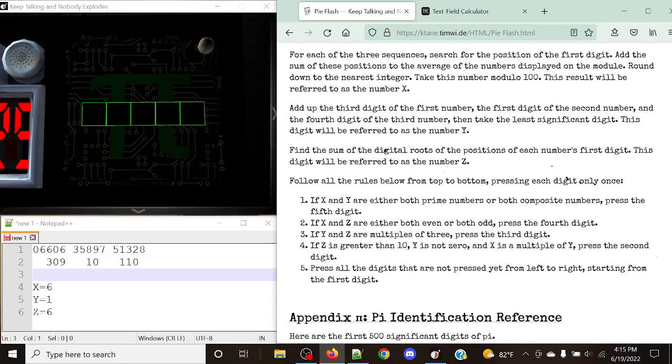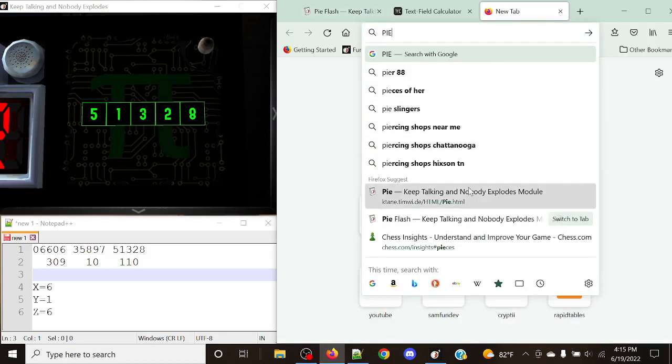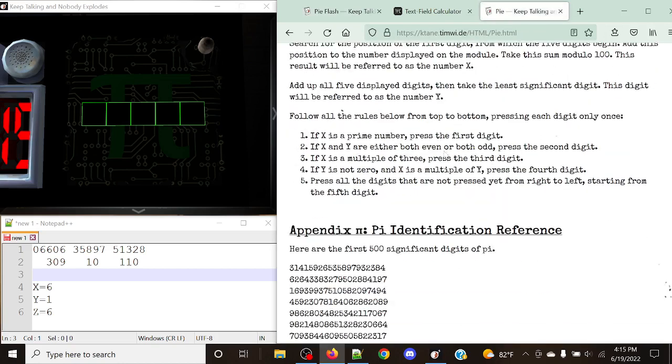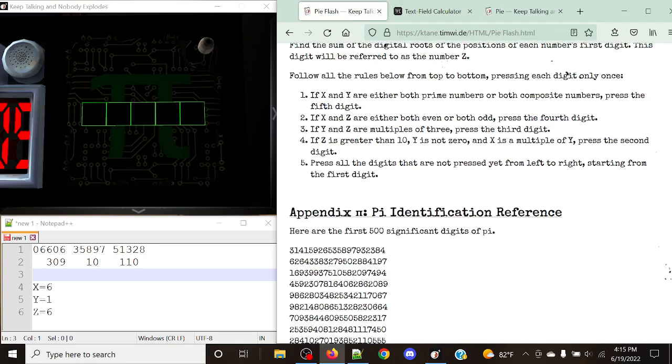Now, it's very important that you read what you're reading here, because normally, Pi would start us off with first digit, second digit, third digit, fourth digit, and then it would be fifth digit from right to left, whereas with Pi Flash, it's fifth digit, fourth digit, third digit, second digit, and press all the digits that have not been pressed yet from left to right.